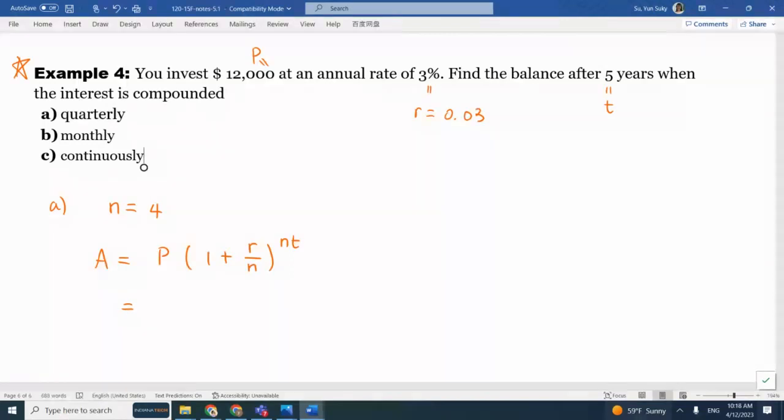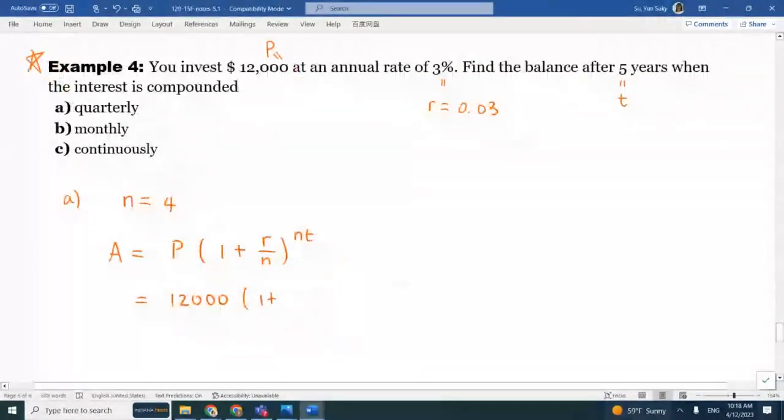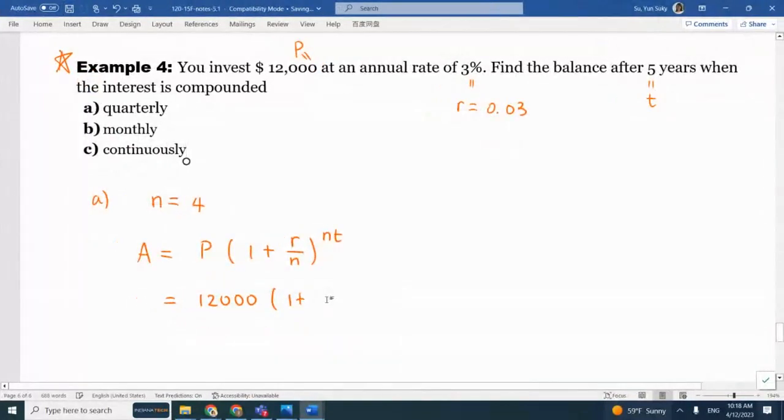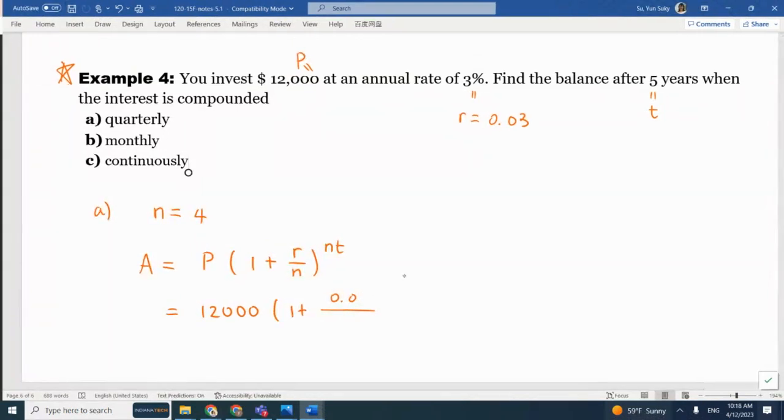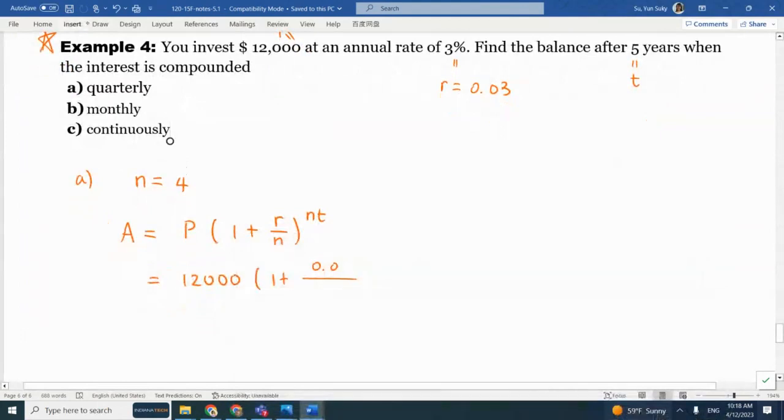What is P? 12,000. What is r? 0.03. What's n? 4.